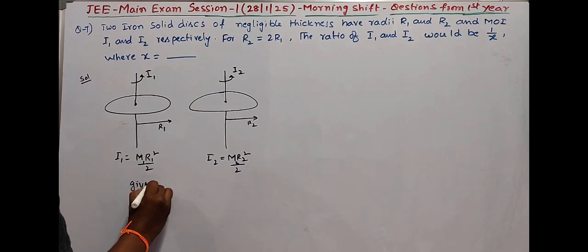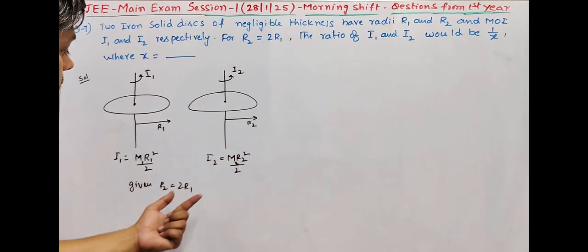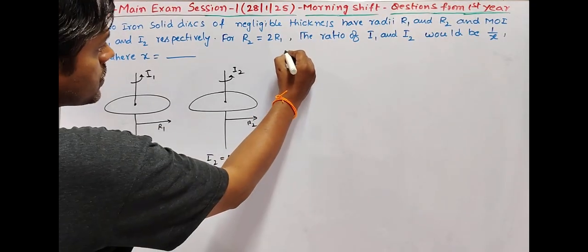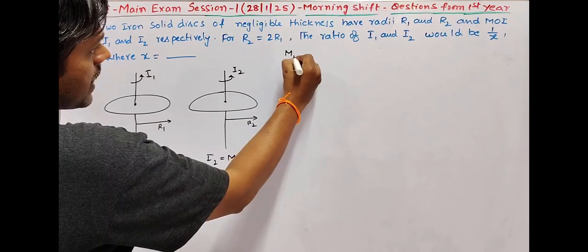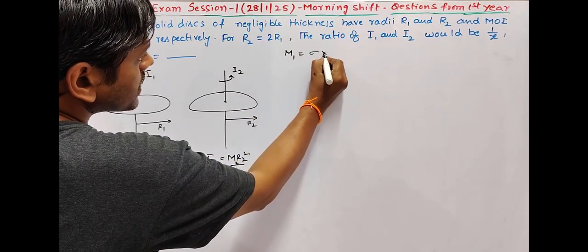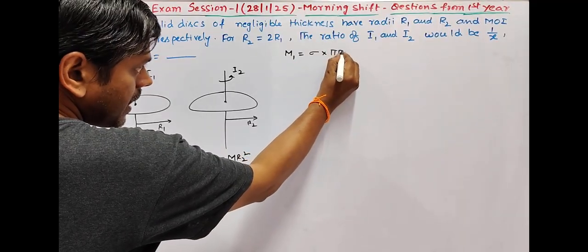But what is the hint given? R2 is equal to 2 R1. So the radius of the second disc is 2 times the radius of the first disc. But you don't know the mass. Mass is equal to volume into density, that is, sigma into pi R square.